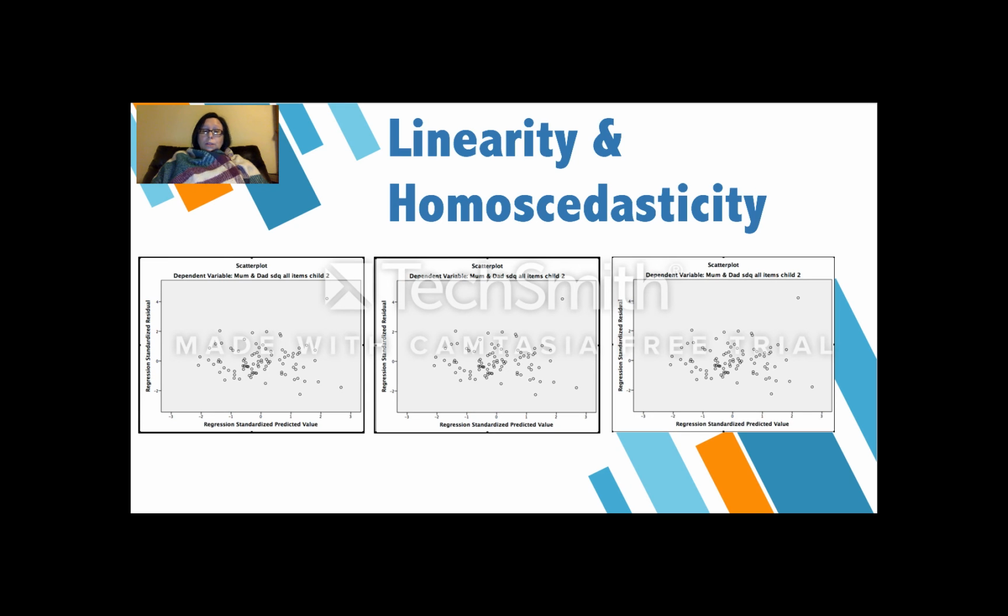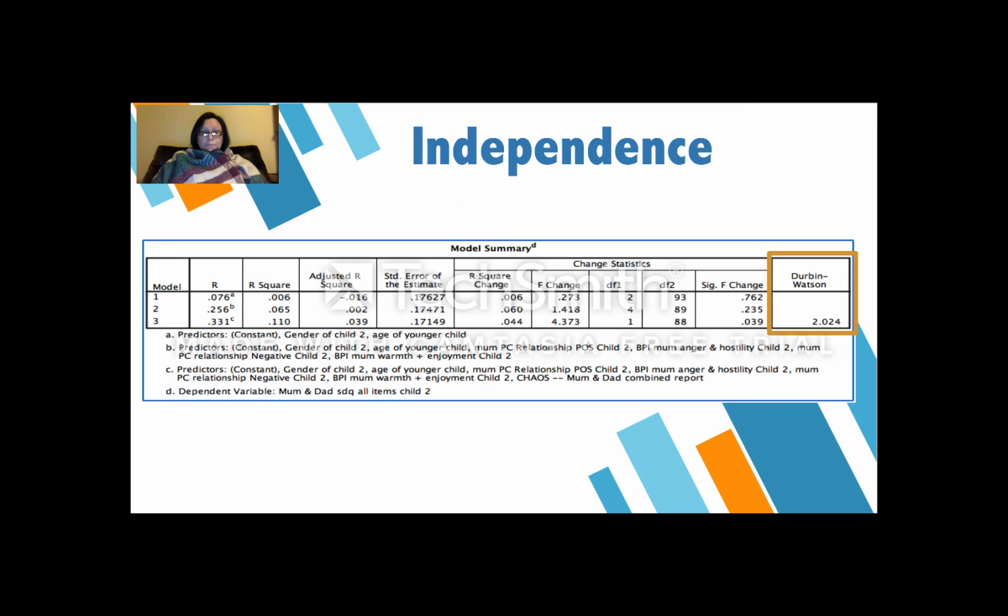Note how the points are randomly and evenly dispersed throughout the plots on this slide. This pattern is indicative of a situation in which the assumptions of linearity and homoscedasticity have been met.